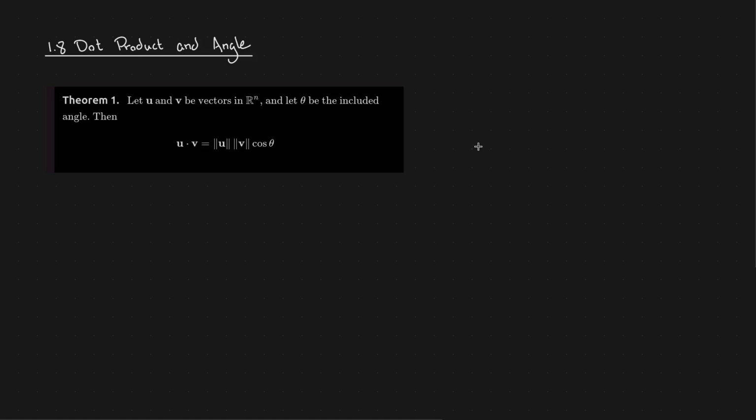So if we draw an example picture, let this be vector u, and let's say this is vector v. Then the included angle is defined to be this angle here. That's angle theta. Notice, by the way, whenever we have two vectors, there are always two angles between them.